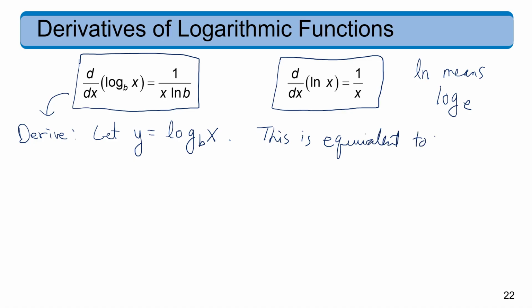If you remember from pre-calculus, one way to get the equivalent exponential equation is to start with the base of your log and then come over around here and say to the power of what's over here equals whatever's inside the log. So in this case that would say b to the power y equals x.